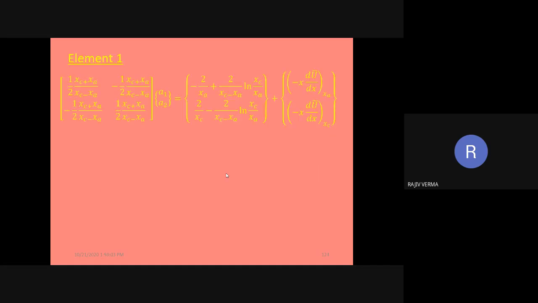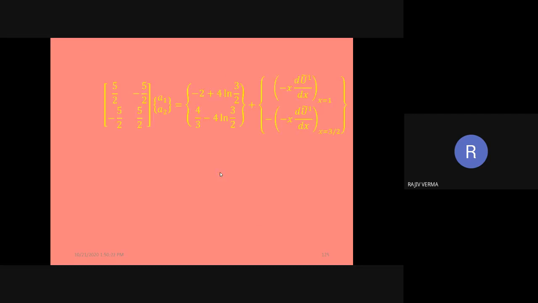These are the equations for element number 1, equations for element number 2, and when you substitute the values of xa, xb and xc in these four equations, you get the equations which are going to be on display in the next slide. These are the equations for element number 1.